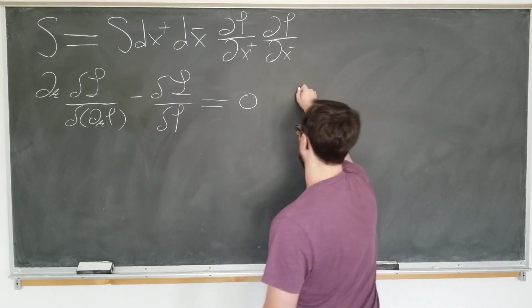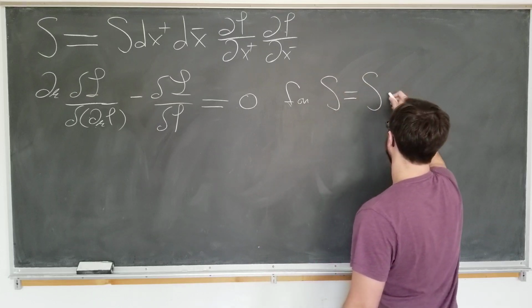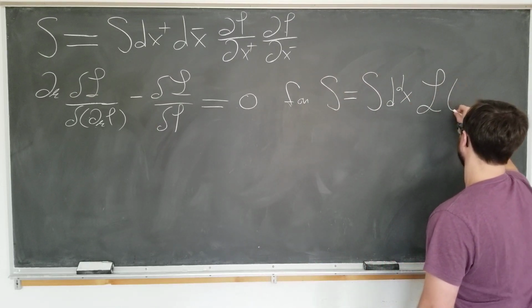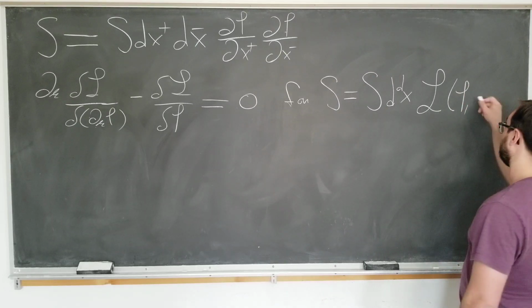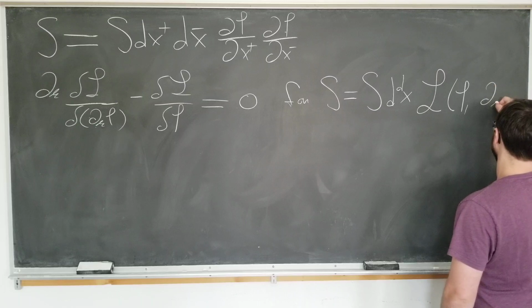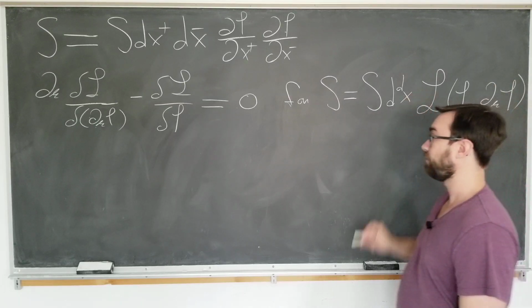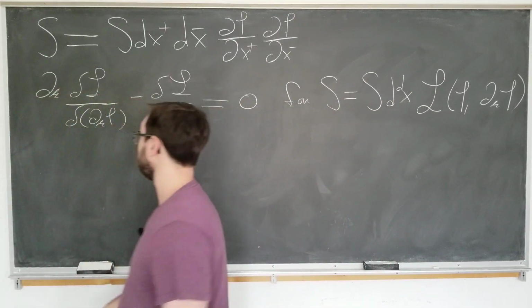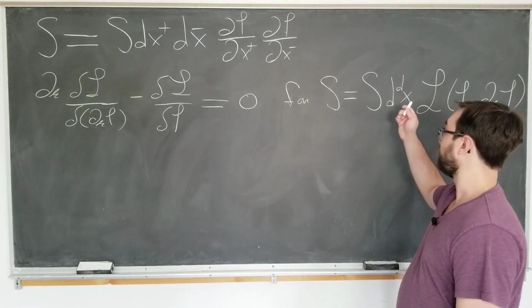This is true for actions of the following form. If we have some d-dimensional integral of a Lagrangian with one particular functional phi, and then we have all the derivatives, where there could be d mu's, for example. Yep, these are the Euler-Lagrange equations for actions of this type.